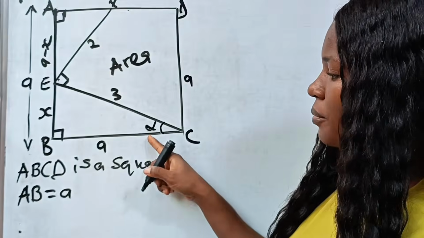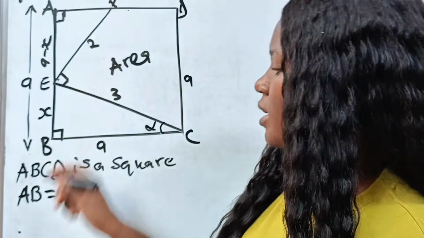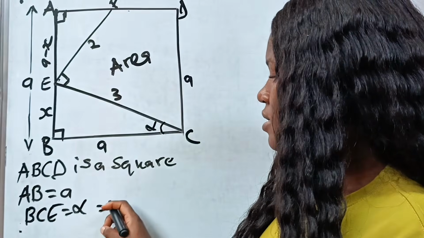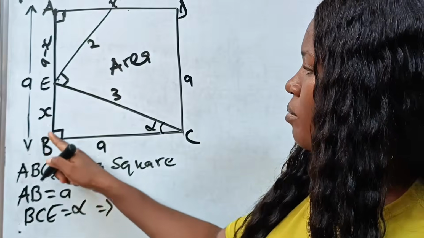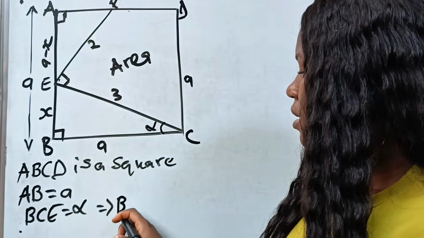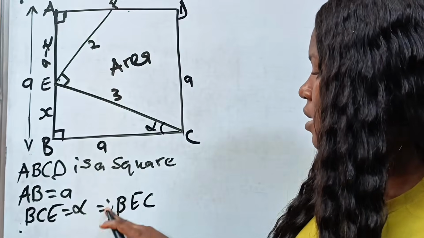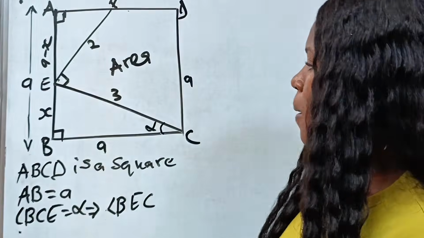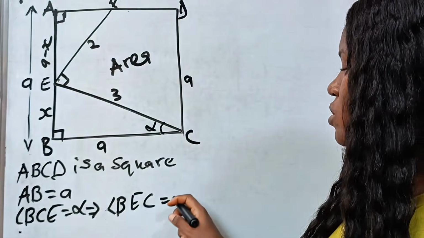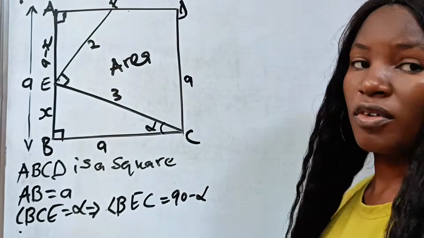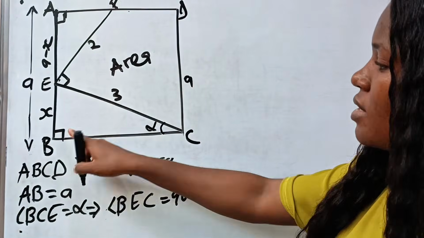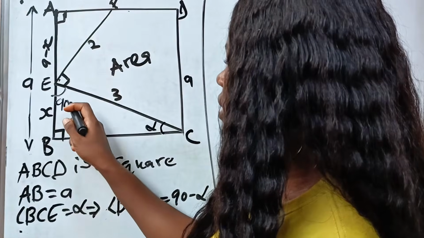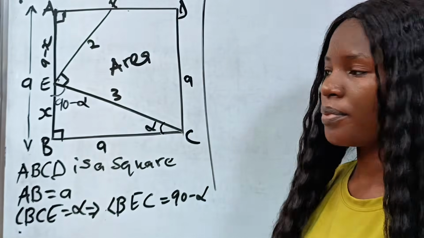If this is alpha, that is angle BCE, this implies that angle BEC will be equal to 90 minus alpha, since this is 90 degrees already. So now here we have 90 minus alpha.